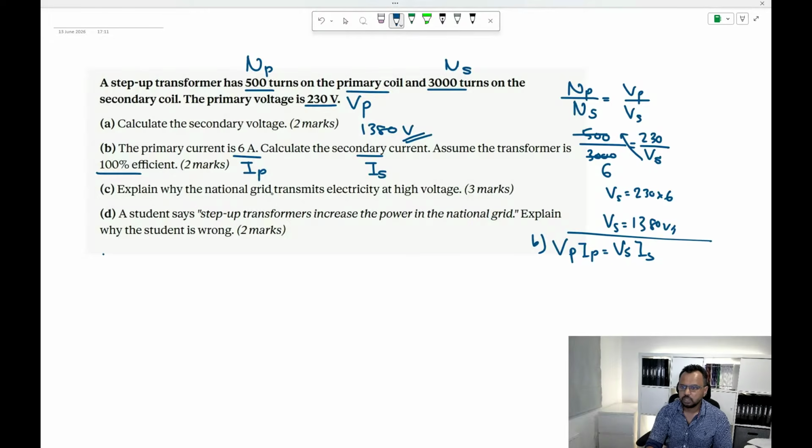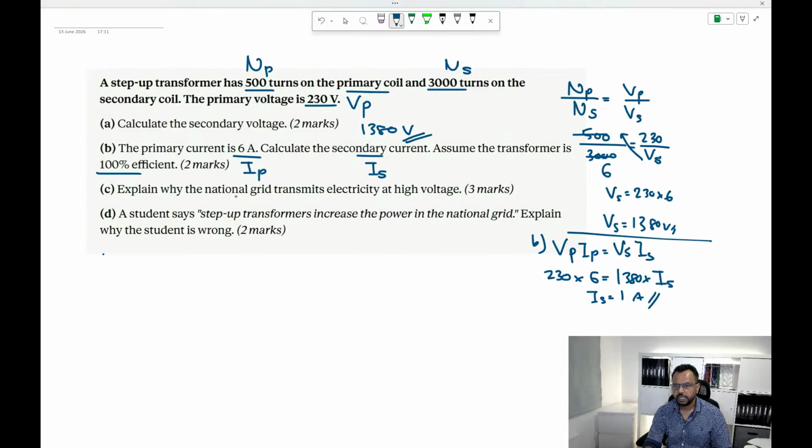V primary is 230, multiplied by I primary, the primary current, which is 6, is equal to V secondary, which we just worked out to be 1380, times I secondary. What do I do now? All I need to do is 230 multiplied by 6 divided by 1380. That gives you 1. Is that what you got, guys? 1 amp? Yeah? Right.